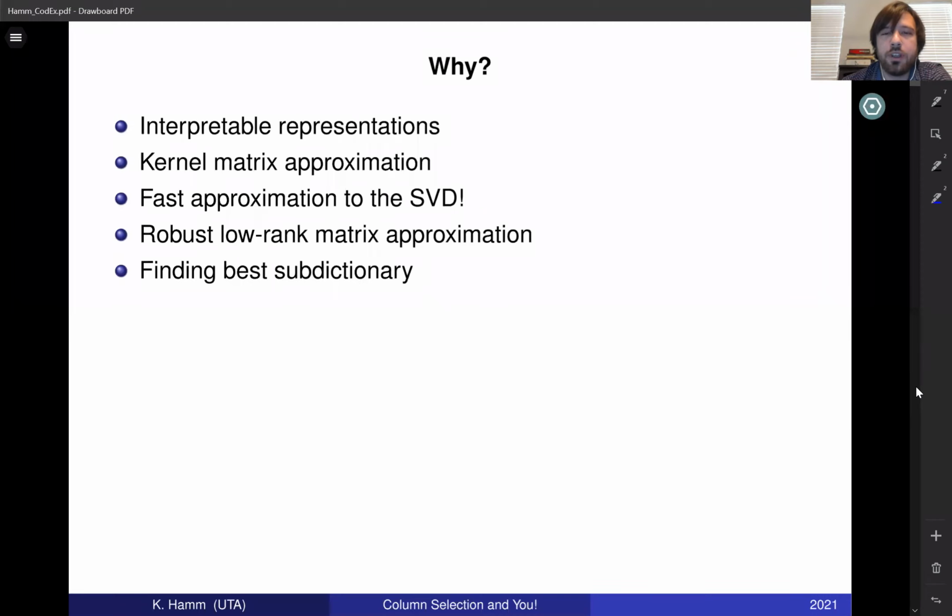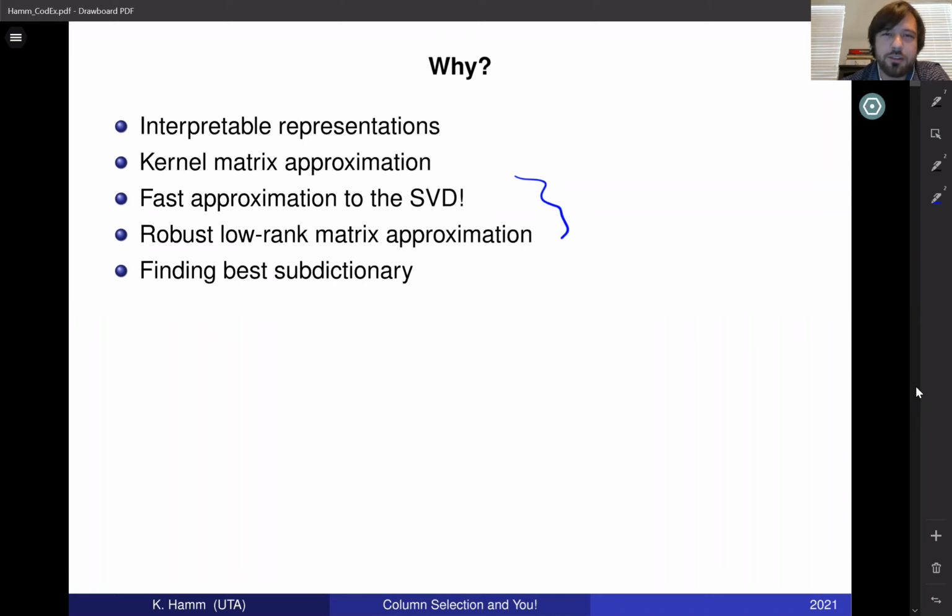The two that will be more the focus of this talk are these ideas here. This can provide you a fast and relatively good approximation to the SVD in a certain sense. Fast meaning it's computationally much cheaper than computing the SVD. And it can give you robust low rank matrix approximations.